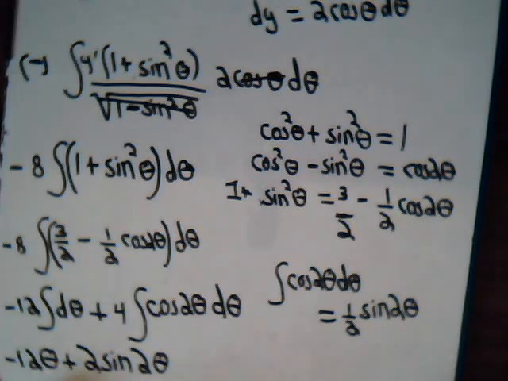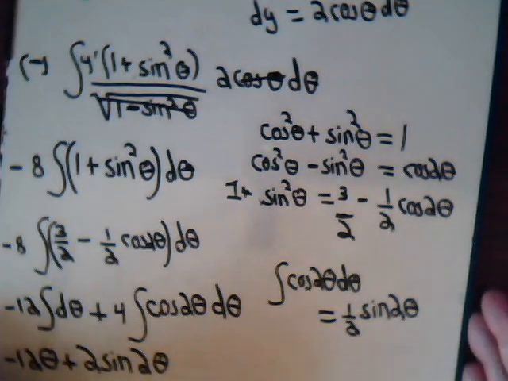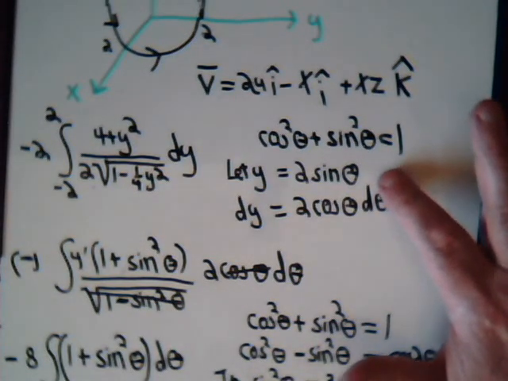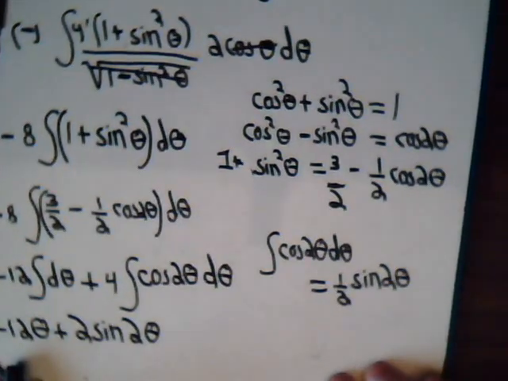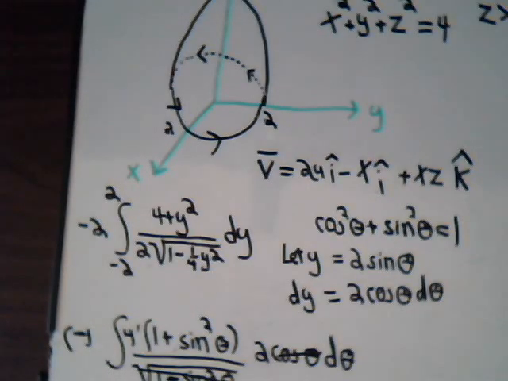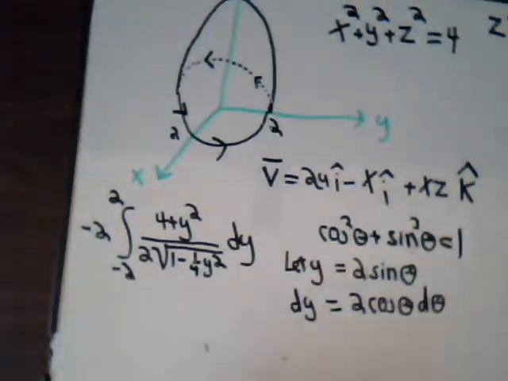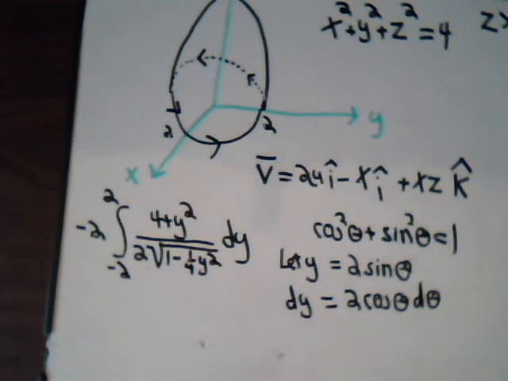So we're going to write this now up at the top, remembering that our trig substitution we made originally was this. We don't want to erase that. So you have minus 12 theta plus 2 times the sine of 2 theta. And hopefully we'll be pretty close to getting an answer for this.